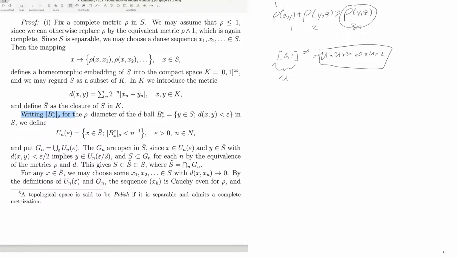So this metric basically, I mean, it's just the ball. I see.